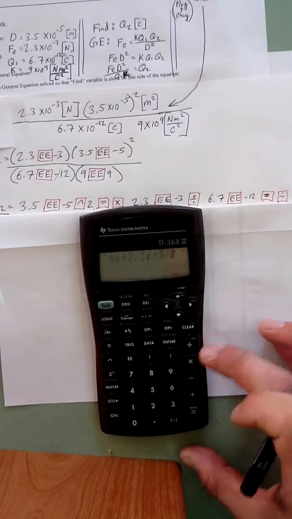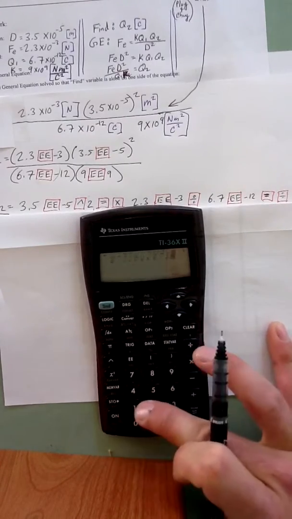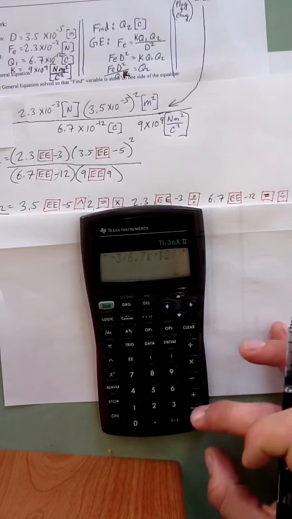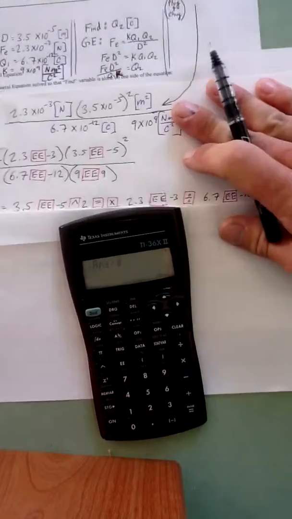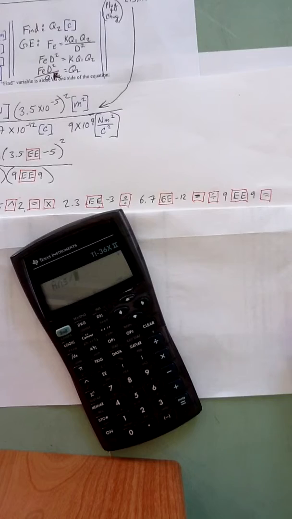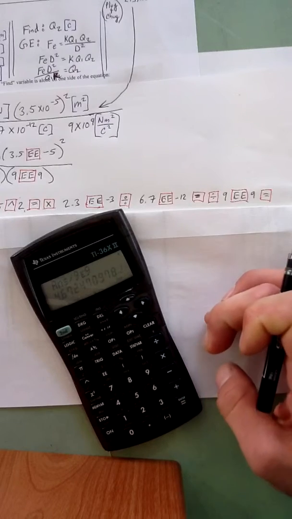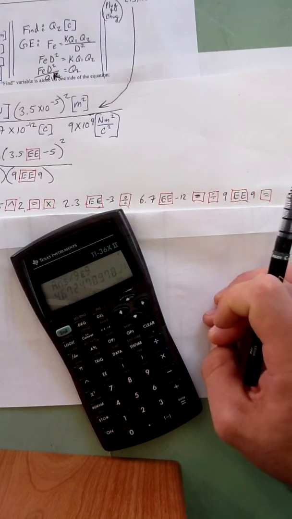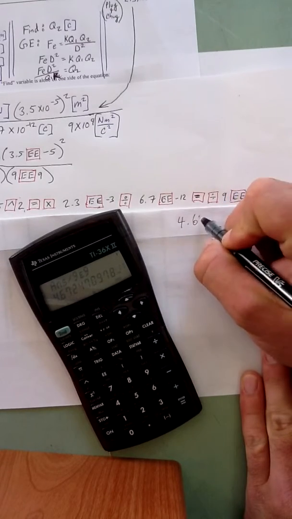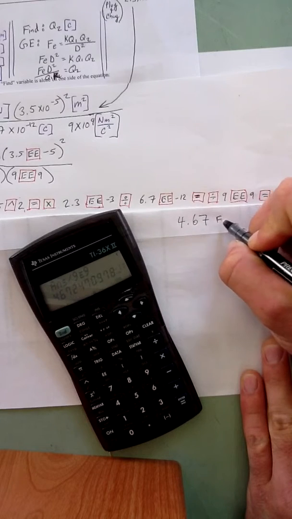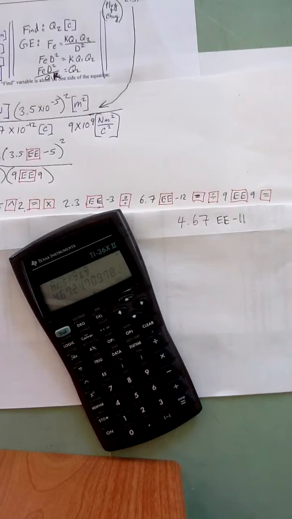Divided by 6.7 EE negative 12, equals, divided by, where am I at over here? I'm at 9 EE 9, equals. Did anybody else get that answer? 4.67? Oh, you can't see it? Oh, here's what I got. I got 4.67 times 10, or EE, negative 11. Is that what everybody got? All right. Okay.